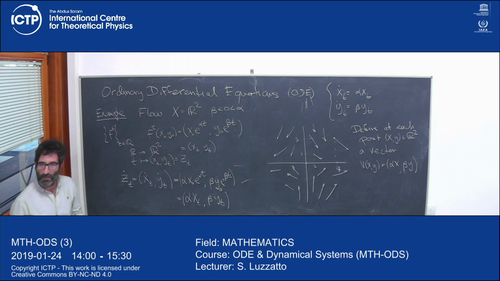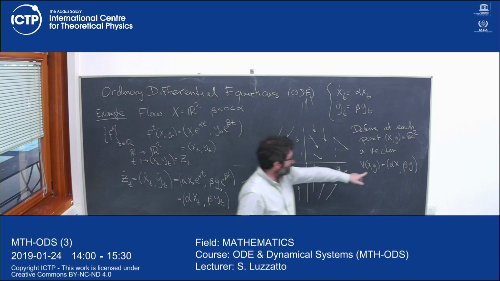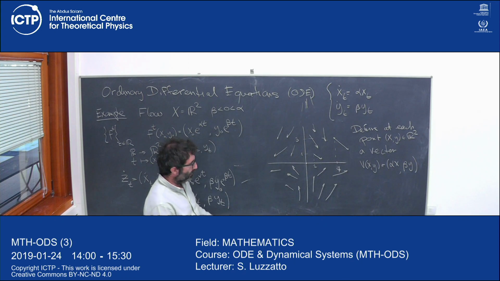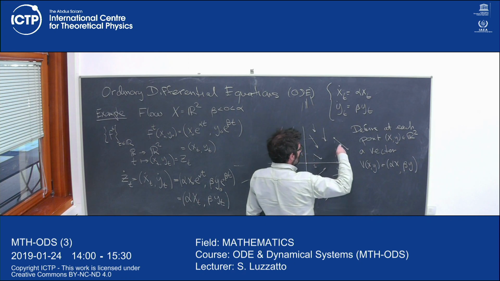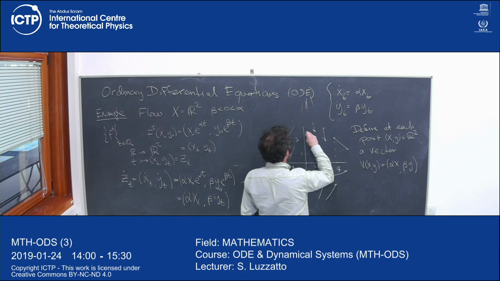A bunch of vectors, right? Is that clear what I'm doing? I'm just putting at each point this vector here, (alpha x, beta y). I'm taking this vector, but I'm putting it based at the point (x, y). So the base of the vector is at the point (x, y).